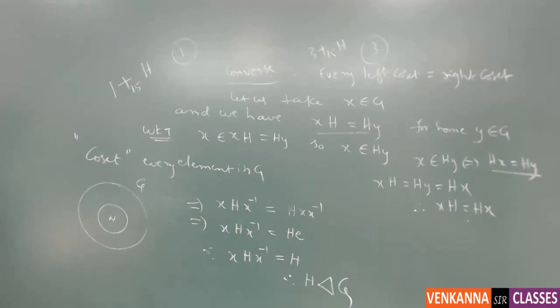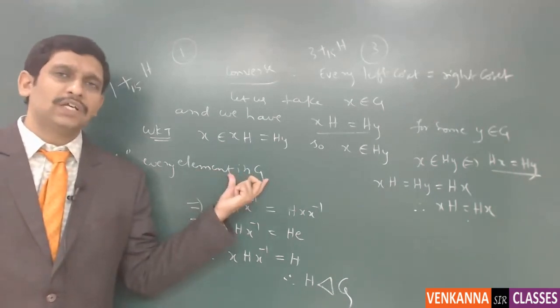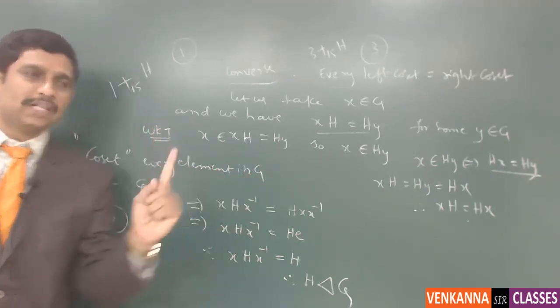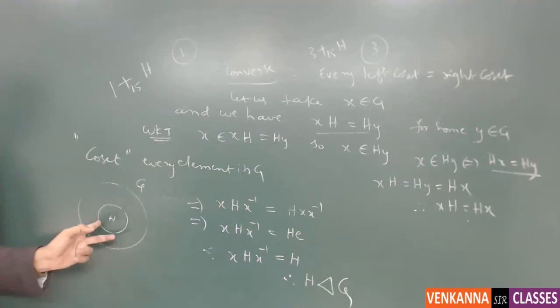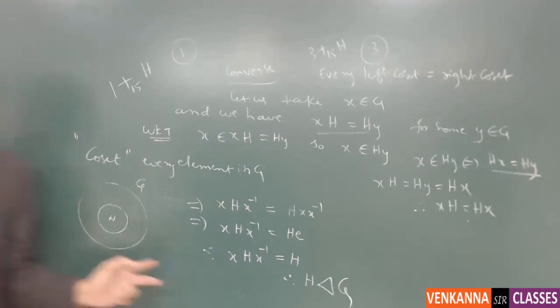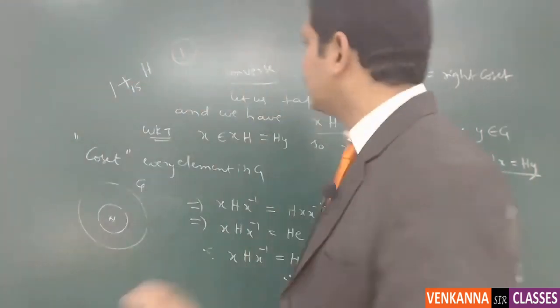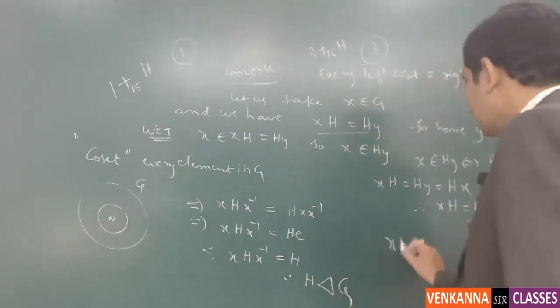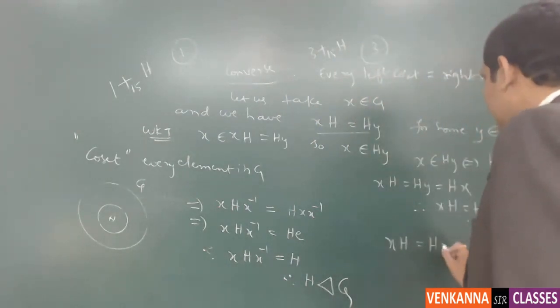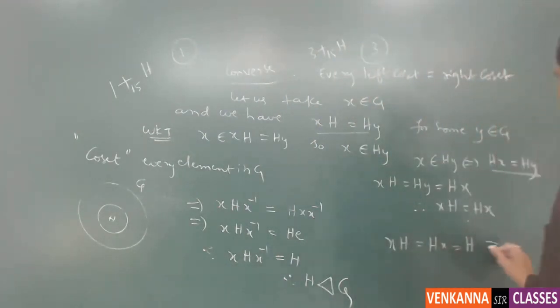Don't think that G is infinite. So whatever finite group you consider, for every element in G, we can calculate one coset with respect to the subgroup H. So here, as we have a good result that xH is equal to Hx is equal to H, if and only if x belongs to H.